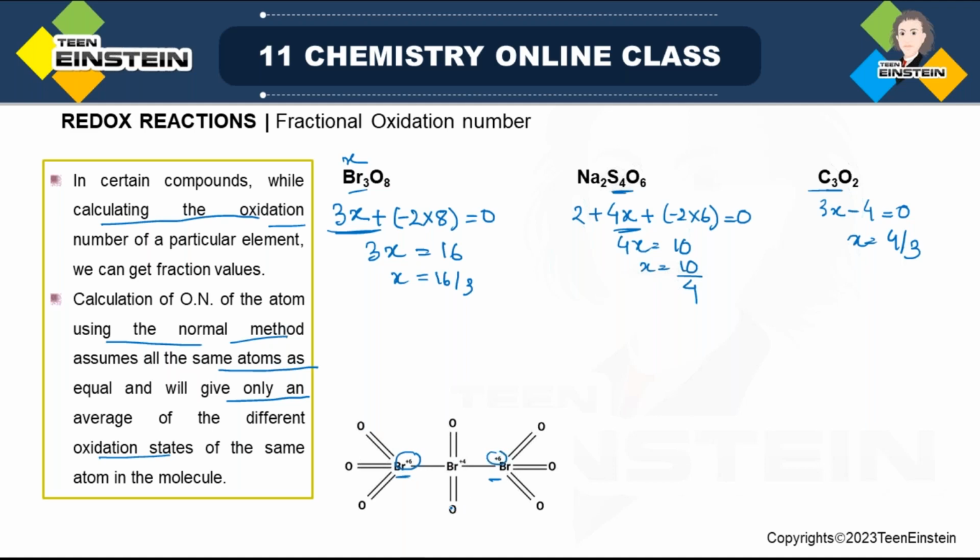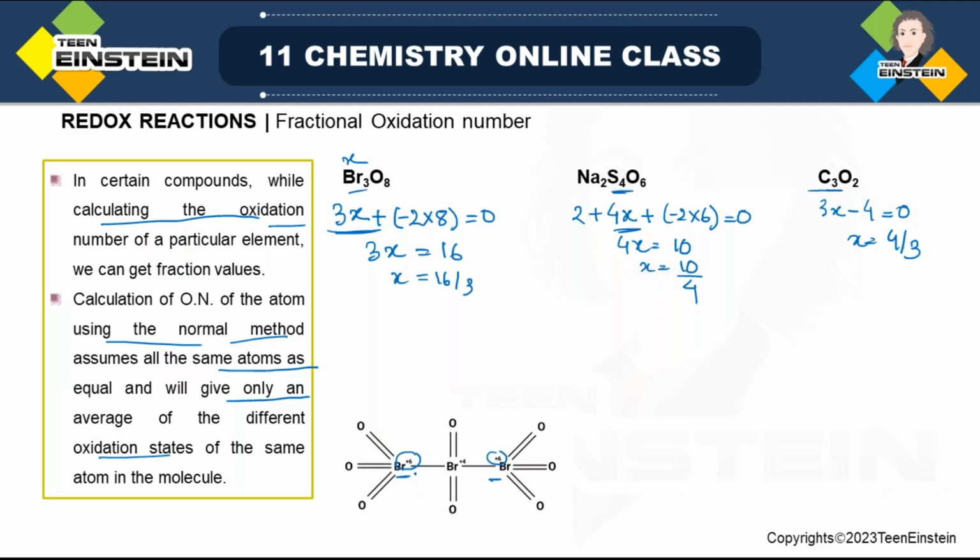How is it +6? How will we understand? Individually, there are a total of 6 bromine-oxygen bonds. Bromine is more electropositive compared to oxygen, and oxygen is more electronegative. So for each bromine-oxygen bond you consider it as +1, and there are a total of 6 bonds, so +6.